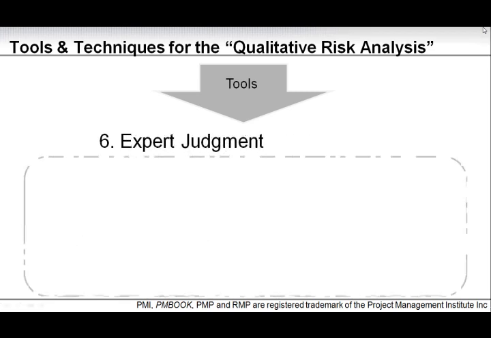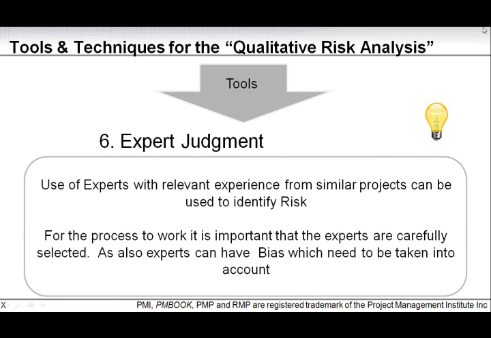Lastly, expert judgment. The use of experts with relevant experience from similar projects can be used to identify risks. It can also be used to identify responses as well as the risk parameters.